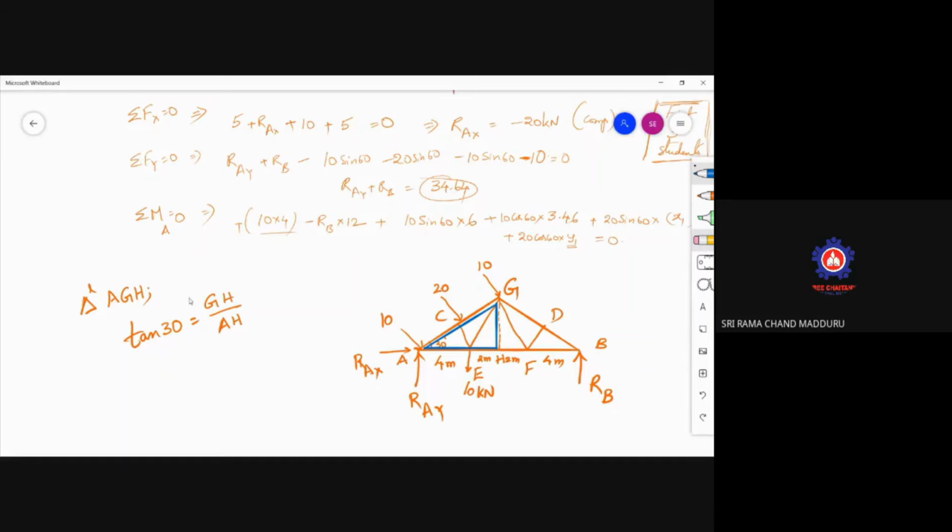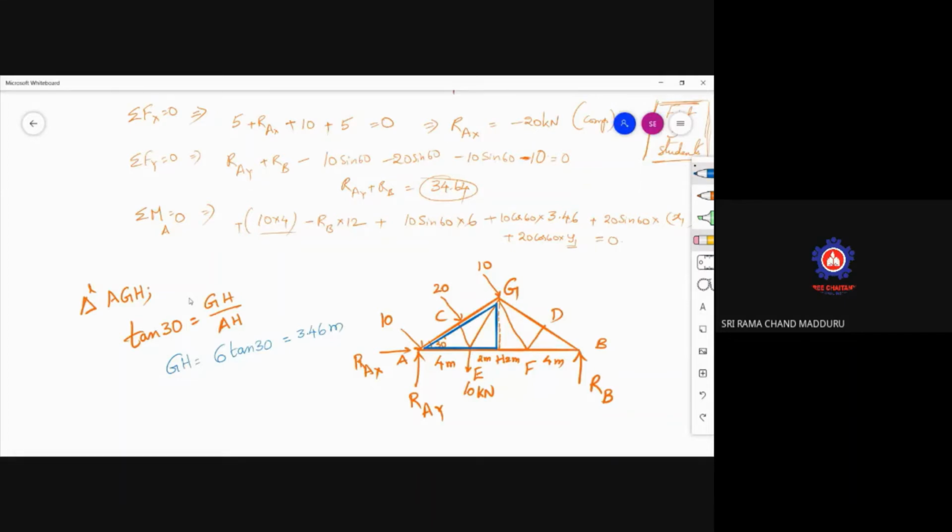In this triangle, a 30 degrees angle is made. So GH is the opposite side by the adjacent side. The AH value is 6 meters. So GH is nothing but 6 into tan 30. Can any one of you tell me what is the value of GH? 3.46 meters. So the GH value is 3.46 meters.